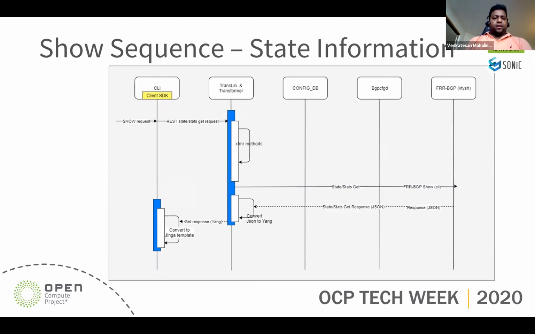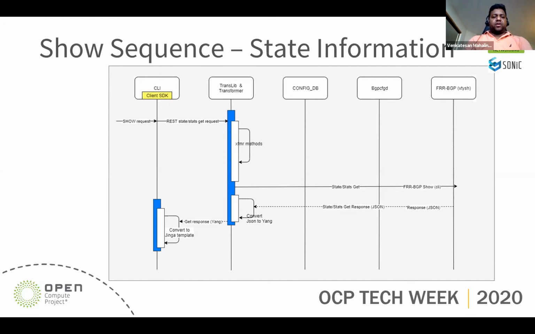Next slide. With respect to state information, the state information is available in FRR. As I mentioned, we have enhanced the BGP client socket to execute the FRR commands directly, and then we'll be getting the information in JSON format. There were a few enhancements done in the vtysh command to fetch the state information in JSON format, and then we'll be converting that JSON information into a Yang data format and returning it to the user.